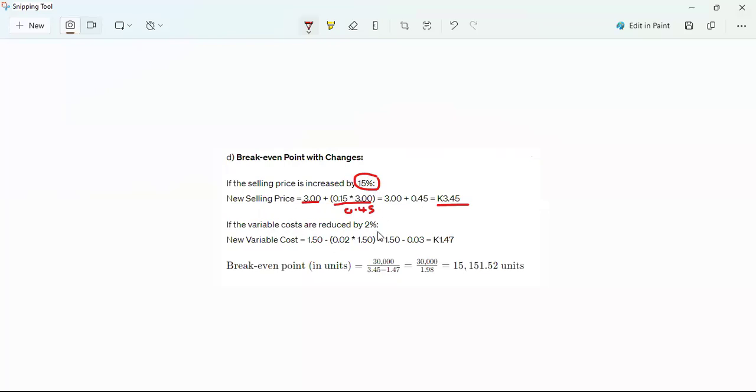But the variable cost was reduced by 2%. So for those 1 kwacha 15 ngwee, we subtract 2% of 1 kwacha 15 ngwee, which is about 0.03. So 1.15 minus 0.03 gives 1 kwacha 47 ngwee. Now we calculate our break-even point with the changes: 30,000 over 3.45 minus 1.47.